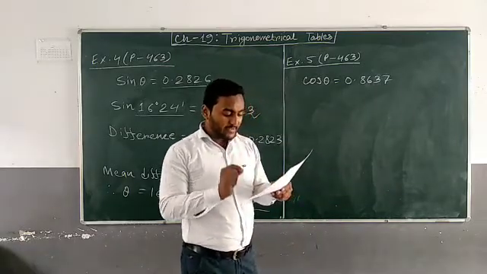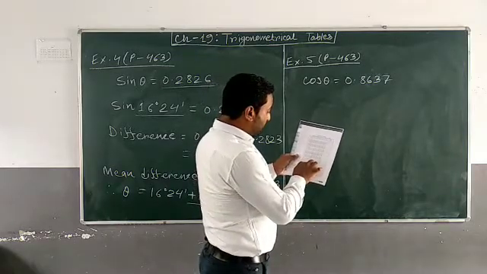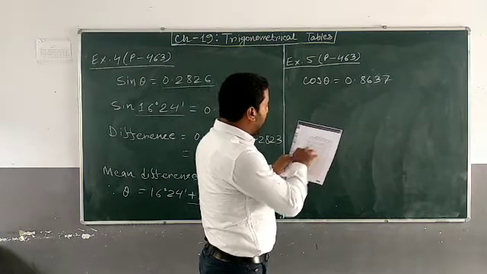The nearest preceding value is 0.8634, which is in the 30 degree column and 18 minute row.